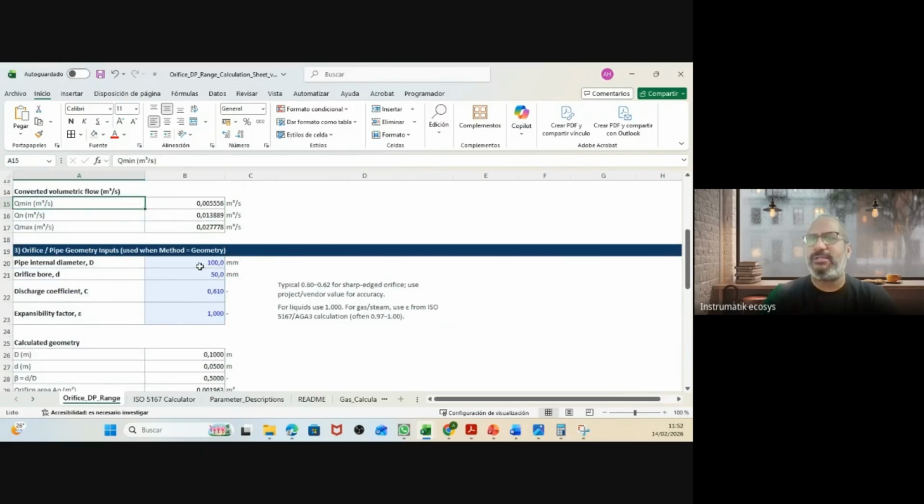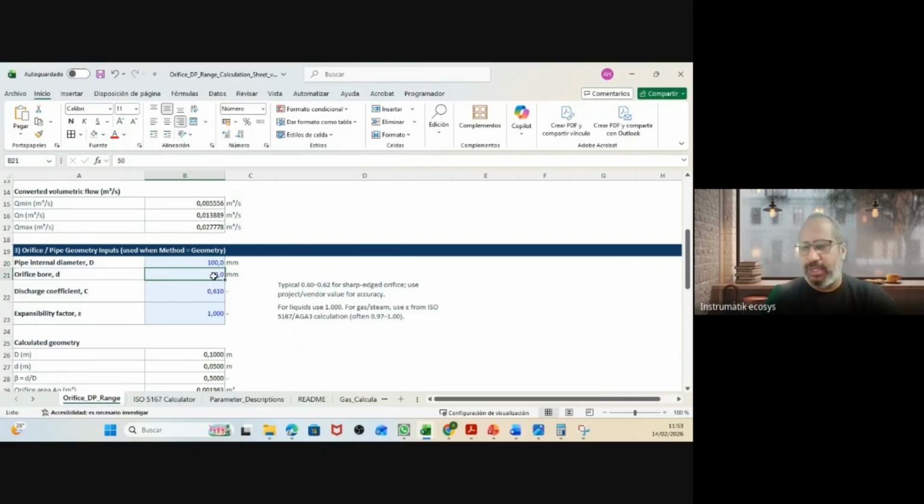Additionally, here you have to enter the value of the pipe internal diameter, this one, and these two values are going to give you this. You have to put it by hand. This is not automatically converted. You have to enter this value.